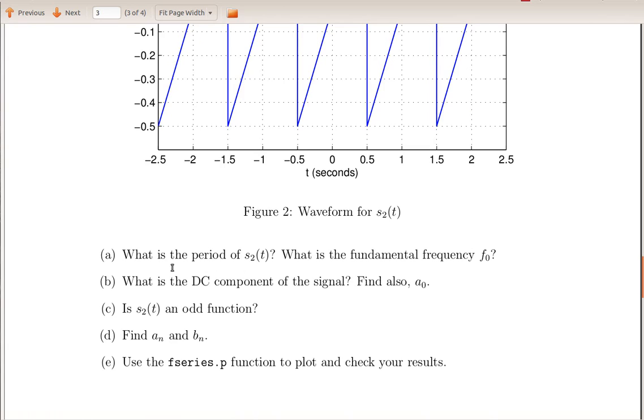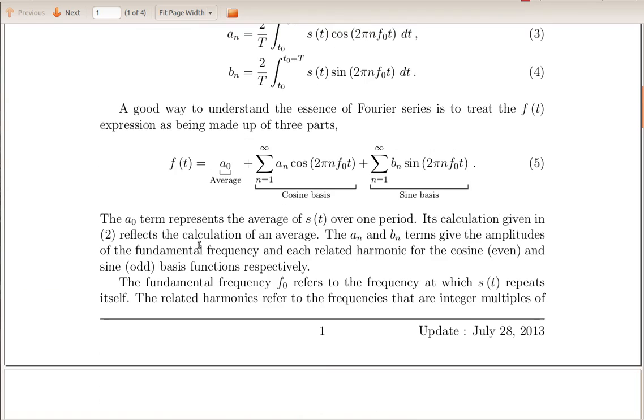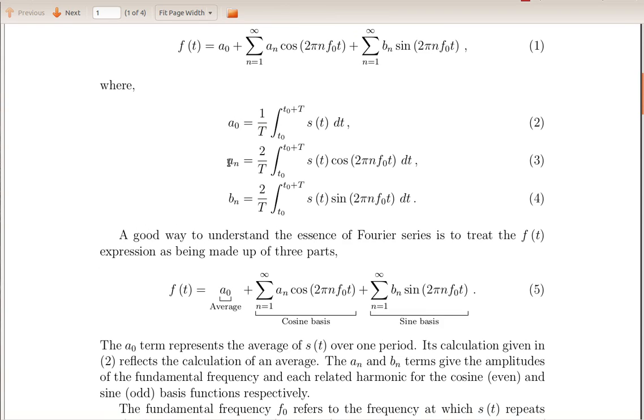From there, let's see what we can say about An and Bn. Remember from just before, in the overview, we said that An corresponds to the coefficients of the cosine basis functions, and the cosine basis functions represent the even functions, whereas the sine basis functions represent the odd functions.